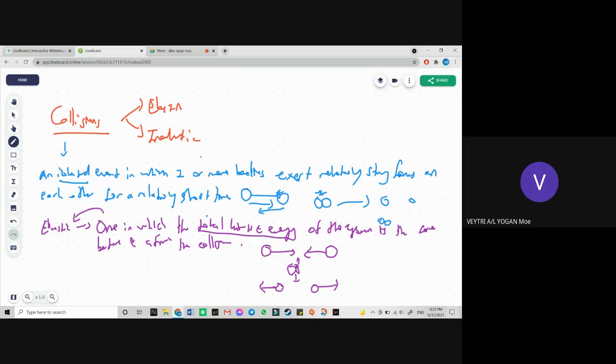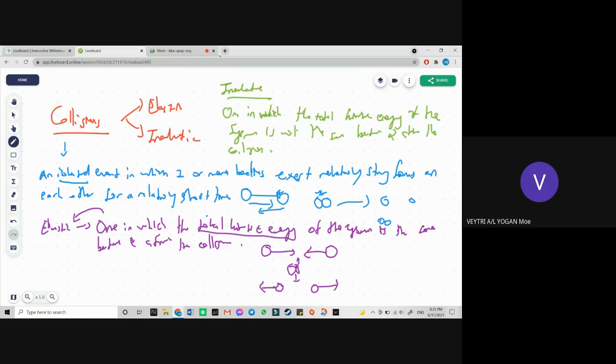Okay. Now, let's move on to inelastic collision. I'll write over here in green, inelastic collision. So, inelastic collision is defined as one in which, one to simply refers to the collision itself, one in which the total kinetic energy of the system is not the same before and after the collision.